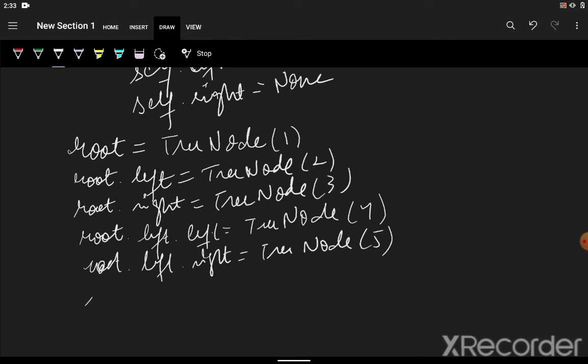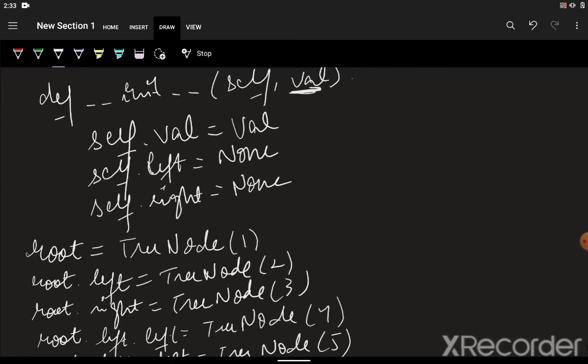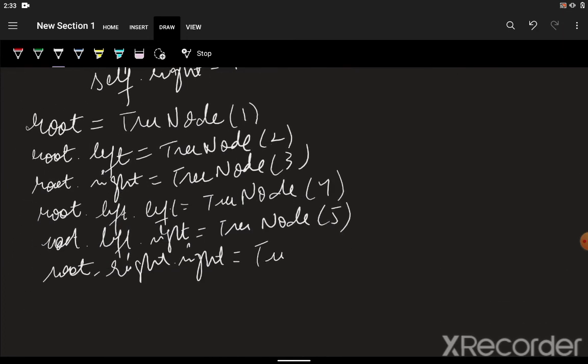Similarly with 6, it's root's right child's right child, so that will be root.right.right is equal to TreeNode(6).